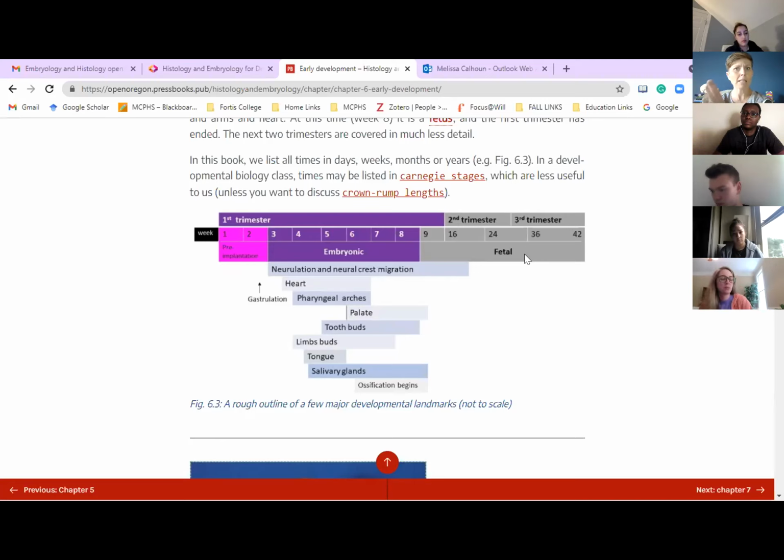But while the palate is growing, the tooth buds are already starting inside the jawbone. Your limbs start to bud in that 3 to 7 week stage. Your tongue develops in that middle 4 to 5 week. Your salivary glands, and then the ossification of your bones really starts.